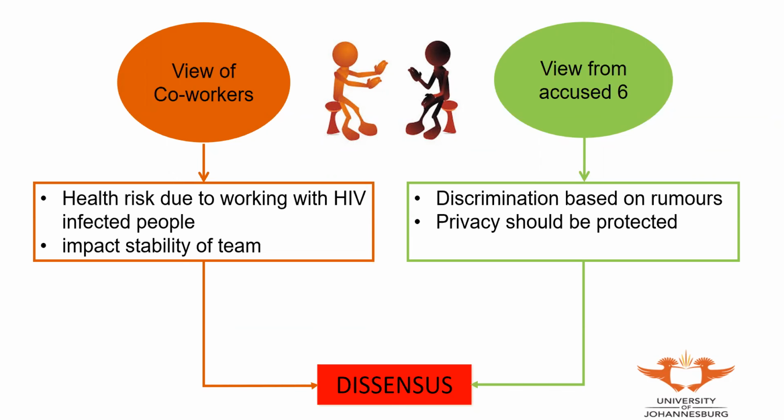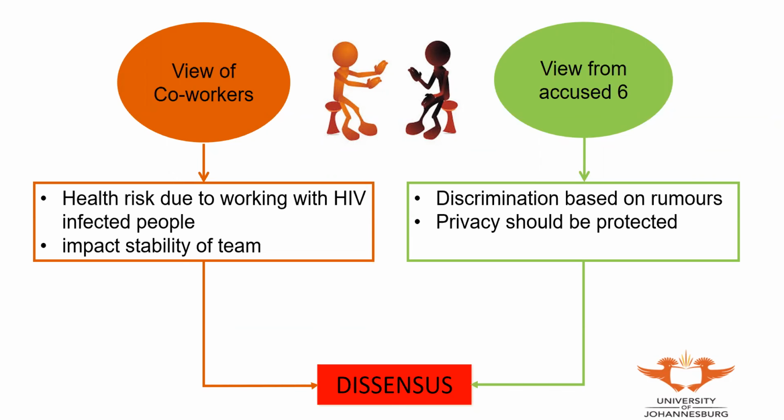And then the accused 6 are saying, but hey, this is actually rumors only. And even if it was true, our privacy is what should actually be protected. So these are basically the facts that come from the case study.